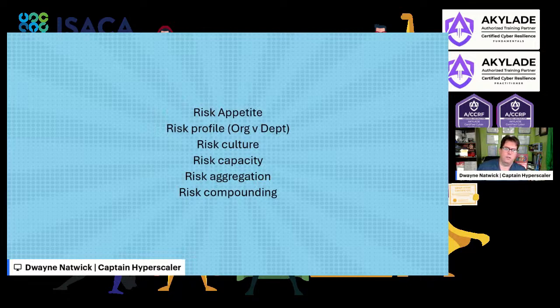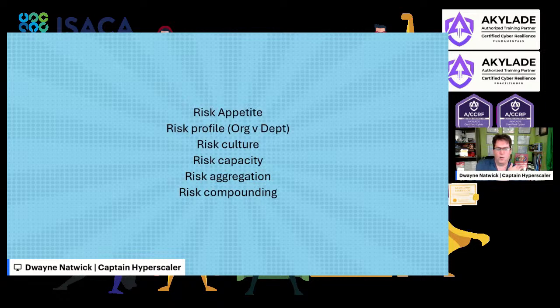So we need to think about the risk profile of the organization versus each of the departments and business processes, what our culture is, and what our capacity is to handle risk from a resource perspective, both financial and people.